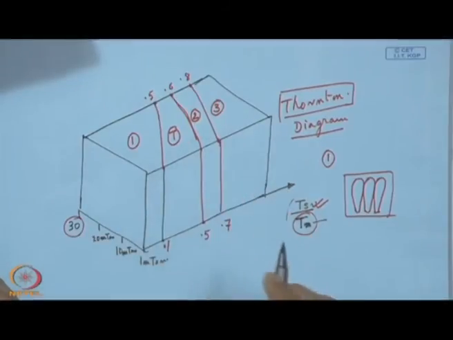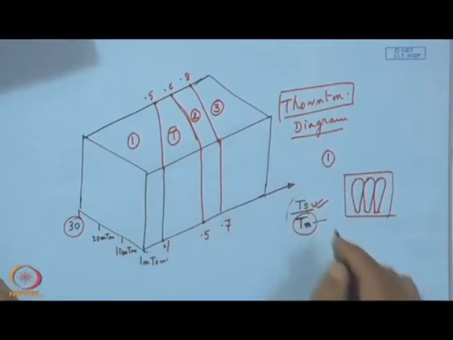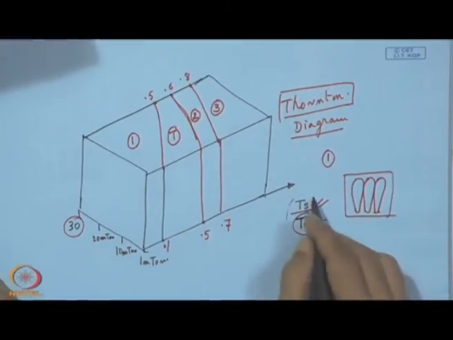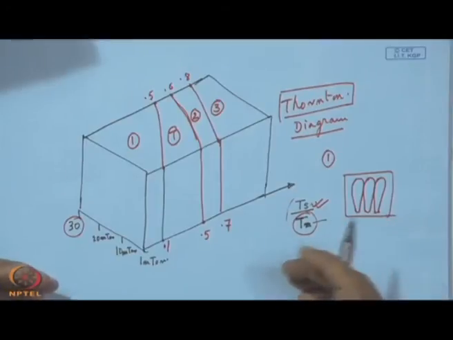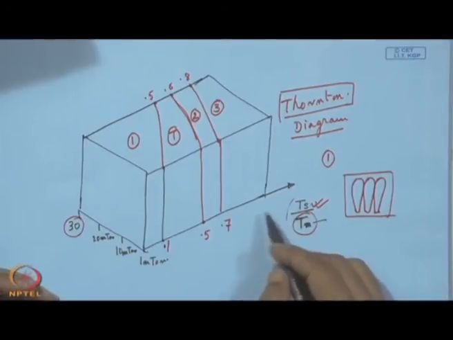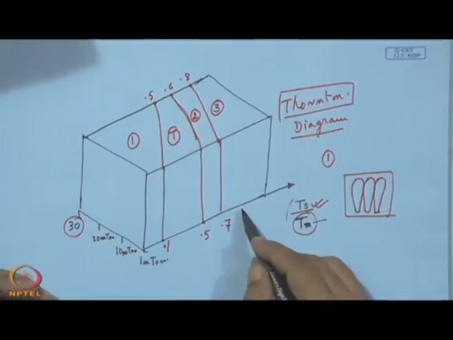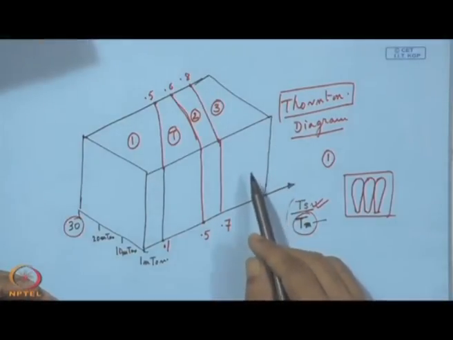And in zone 3, as we increase the temperature, it is actually the diffusion and mobility of the adatoms which are received from the sputtered flux.